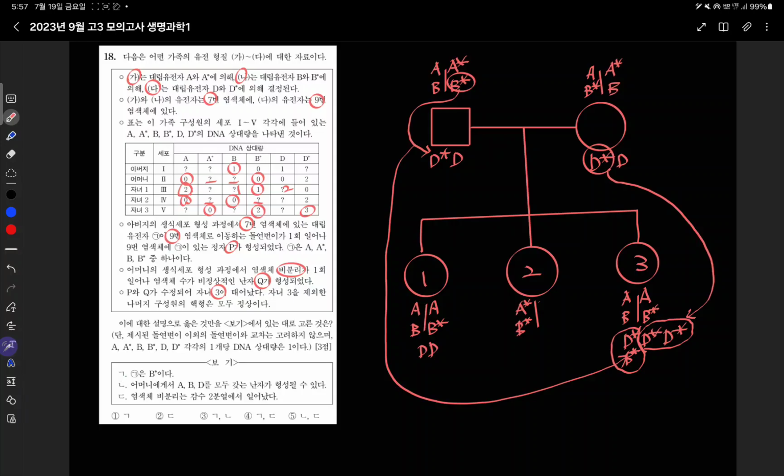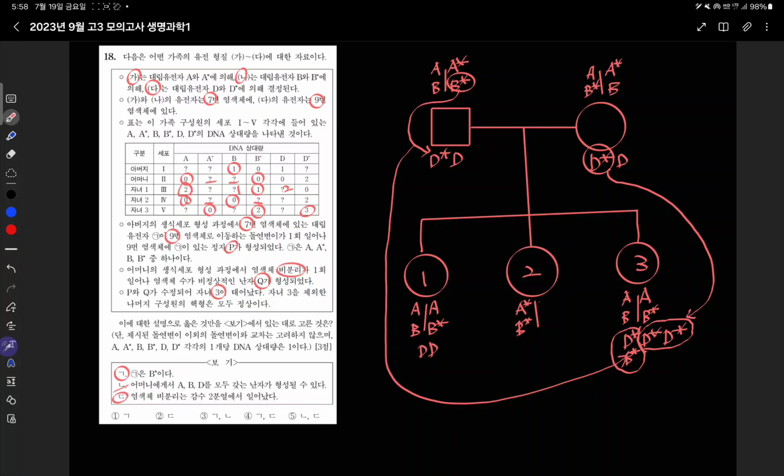So the first statement is right. The dislocated allele is B asterisk. And the second statement is not correct because although mother has the A and B allele, they are not linked. So it's not possible for her to produce egg with A and B allele together.